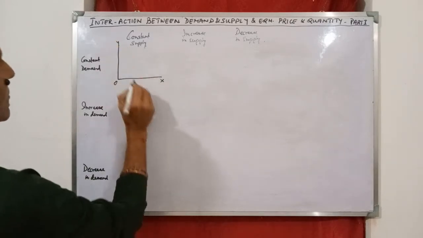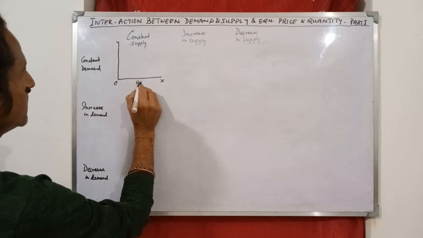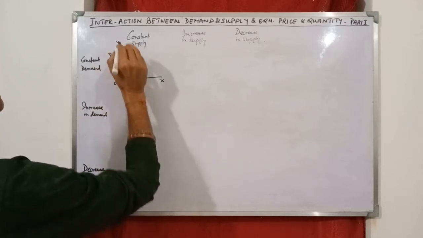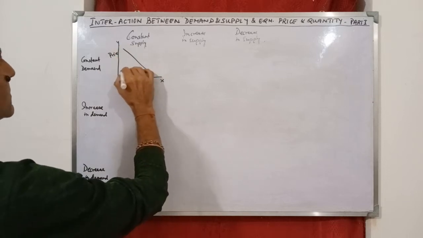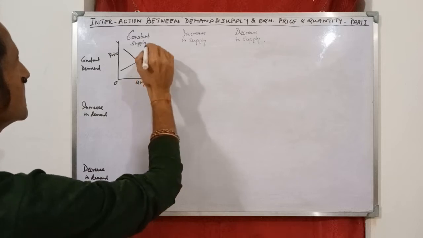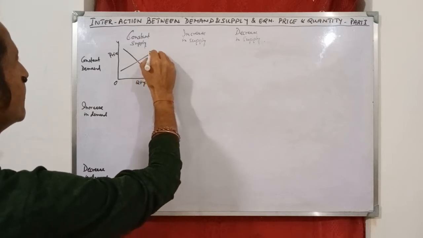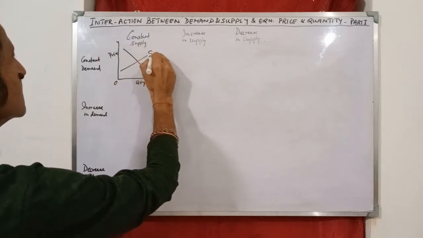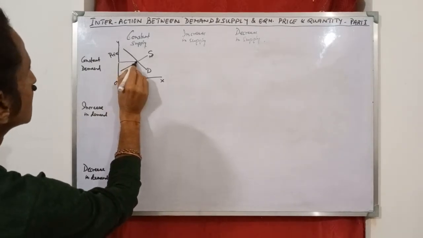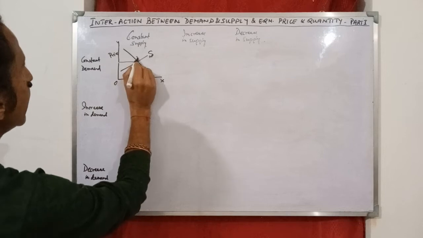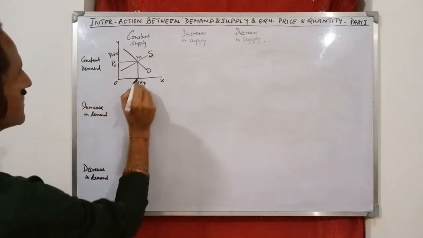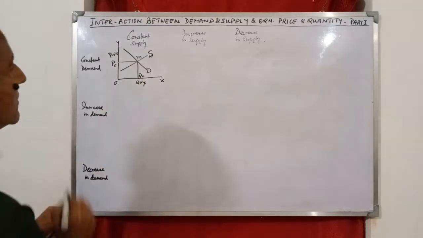X, Y, on X axis we measure quantity and on Y axis we measure price. This is demand curve, this is supply curve. Say the demand curve be D and let the supply curve be S. So demand curve and supply curve intersect at point say M. So OP sub O is the price and OQ sub O is the quantity.